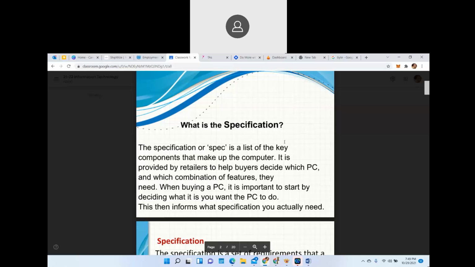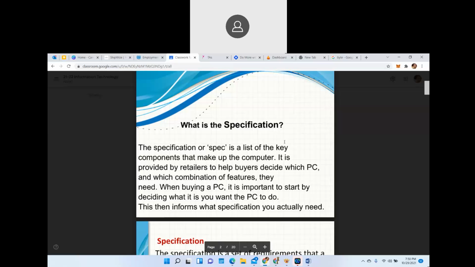They have different specifications. Now, I've mentioned specification a lot. What do we mean by specification? Specification would be like the key components that make up a computer.